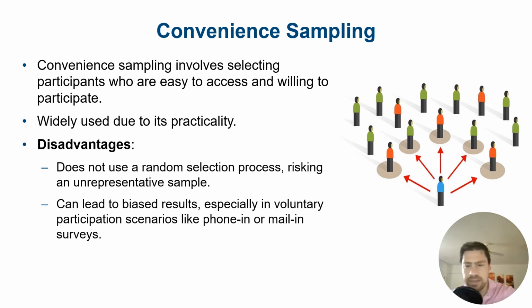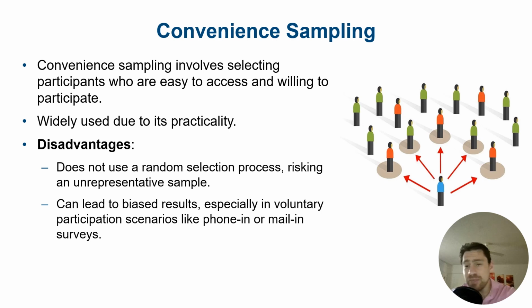However, the disadvantages are that, well, firstly, this method does not use a random selection process, which risks a sample that is unrepresentative. And if you have a sample that does not represent the target population, this can bias your results.